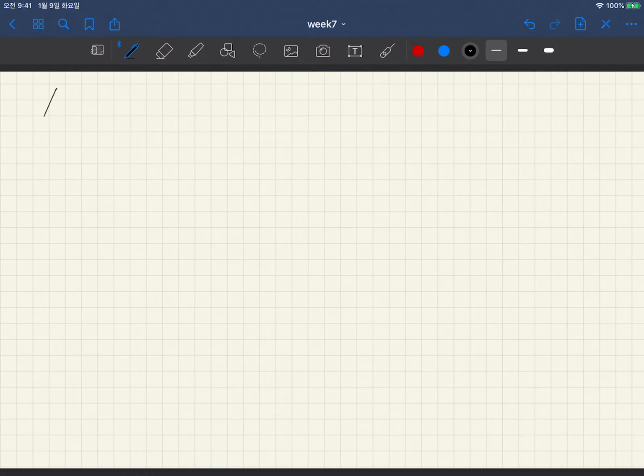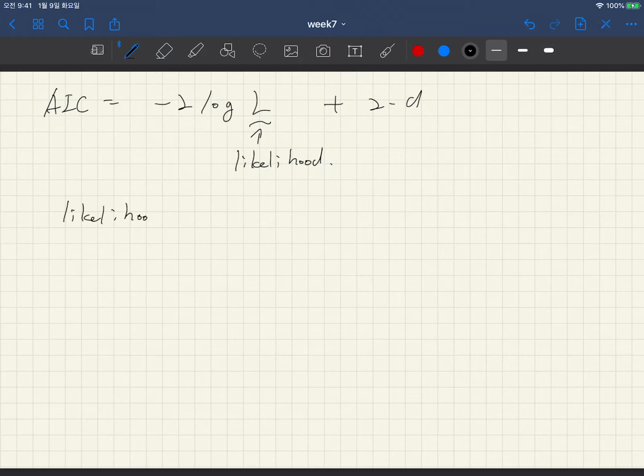And the AIC is essentially almost the same as Cp. This is equal to minus 2 times log L plus 2 times d. Here, L is the likelihood value. The likelihood value is a very important concept. So here we use the likelihood function for your given model.